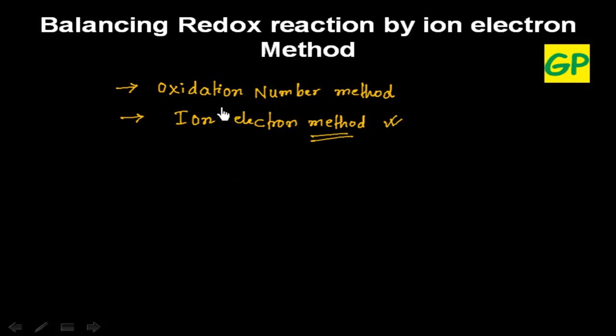Now the oxidation number method is basically based on the idea that change in oxidation number must be equal. So what is the idea?